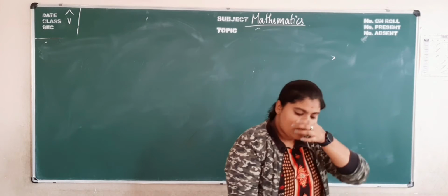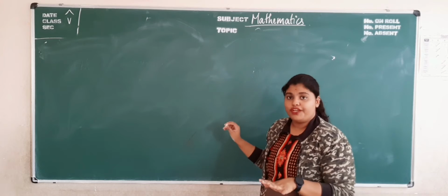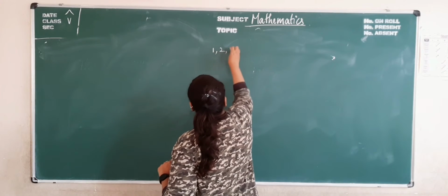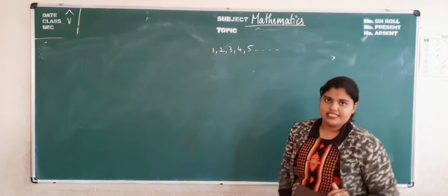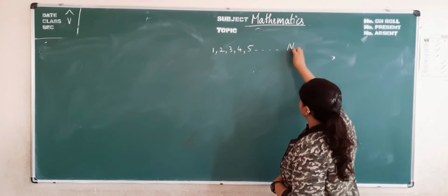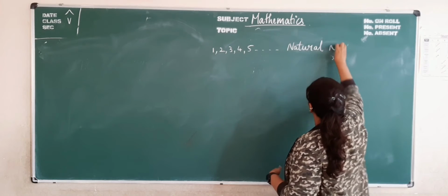Okay, don't write this, just look here. I'll write a few numbers, you have to find out what type of numbers those are. What type of numbers are these? Yes, they are called natural numbers.